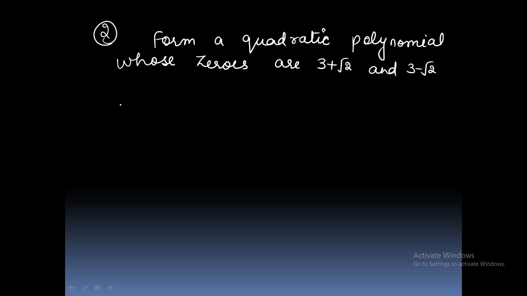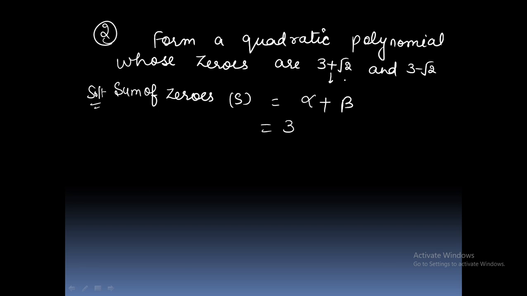In this question, first of all, you have to write the sum of zeros, s is equal to alpha plus beta, meaning this is your alpha, this is your beta.